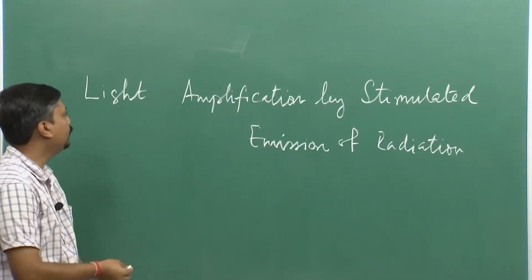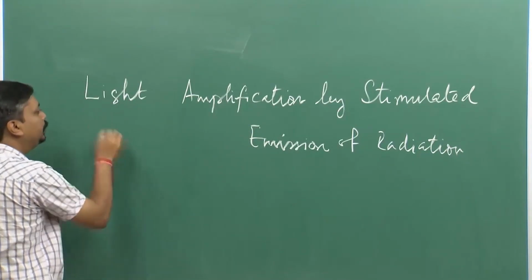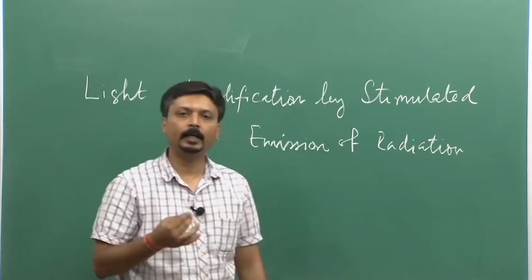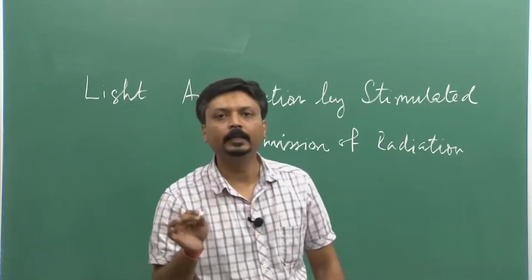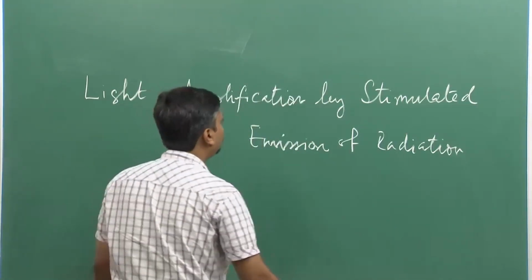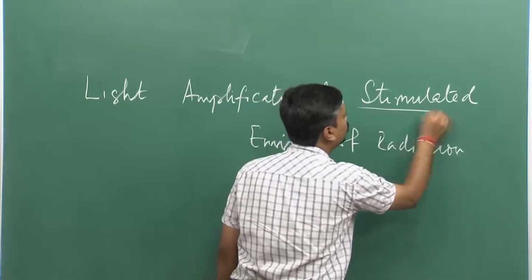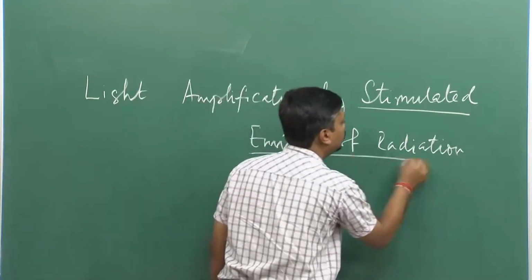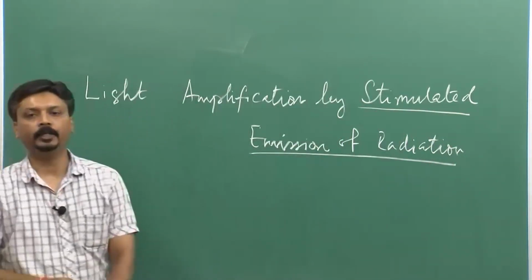And we said that there are few things that we need to know in order to understand how laser works, what is the basic principle of laser. And one of the most important thing to learn will be the stimulated emission of radiation.